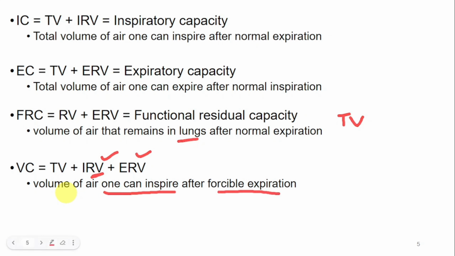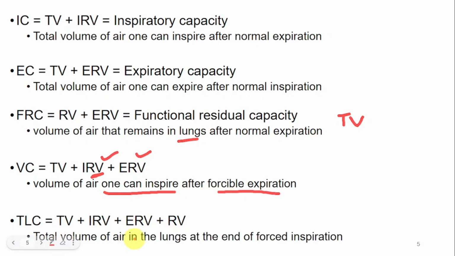The volume of air one can inspire after forcible expiration is vital capacity. And total lung capacity will include everything: vital capacity plus residual volume. And the definition will go this way: total volume of air in the lungs at the end of forced inspiration.